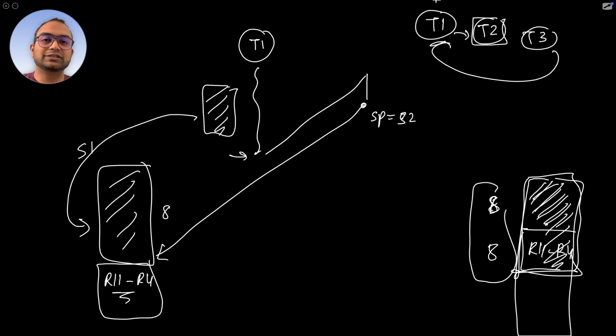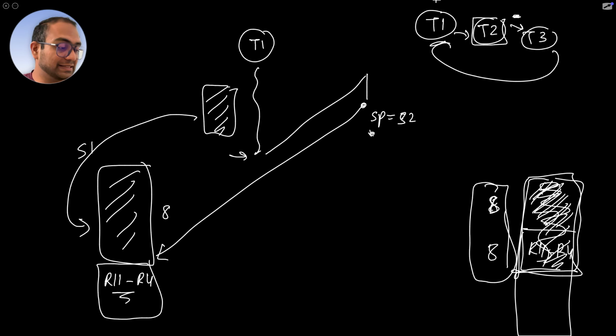So either T2 was executing for the first time, or it was executing for the second, third, fourth, fifth time. If it was executing for the first time, this was the manually crafted CPU context. If it was executing for the second or third time, it was the one that it saved from here. If this is not clear, go back and listen to my words very carefully.